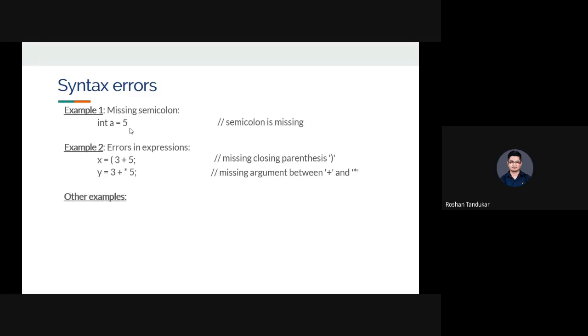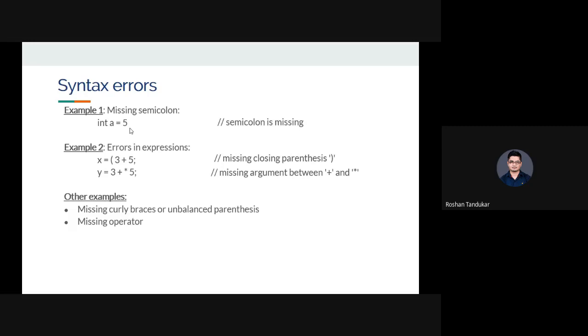Other examples you can also find, like missing what? Curly braces or unbalanced what? Parenthesis. Missing curly bracket means, for example, in void main you are not closing the curly bracket. That is also syntax error. For example, unbalanced parenthesis means what? You are using many parentheses, but you forgot to close that, or there is certain mistake in that. That is unbalanced what? Parenthesis.